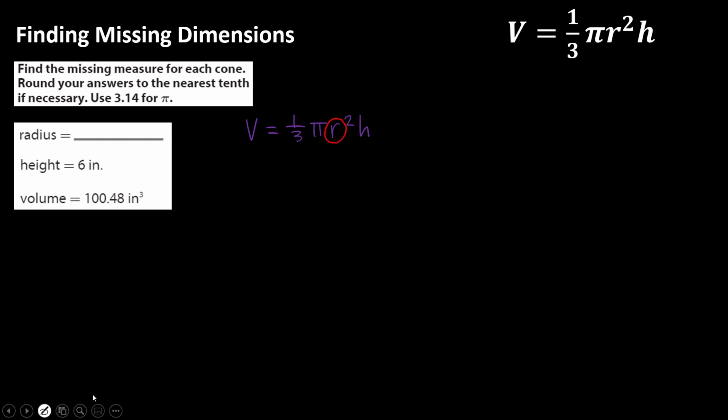Let's fill in what we know. So the volume in this cone is 100.48 inches cubed. So 100.48 is equal to 1/3 times 3.14 times the radius squared times the height, which is 6.